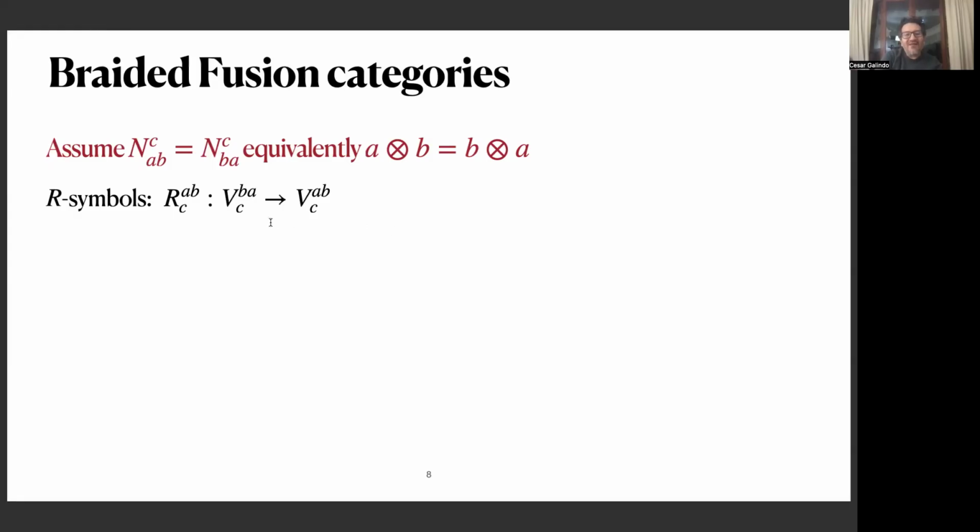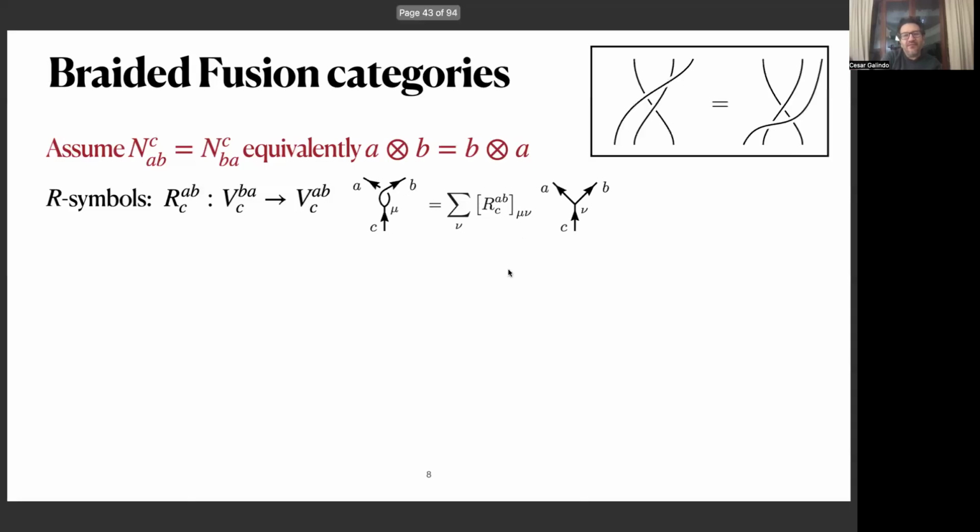And then in addition, we need to fix something that physicists call the R symbol, which is really an isomorphism between this vector space and this vector space, sometimes written diagrammatically in this way.